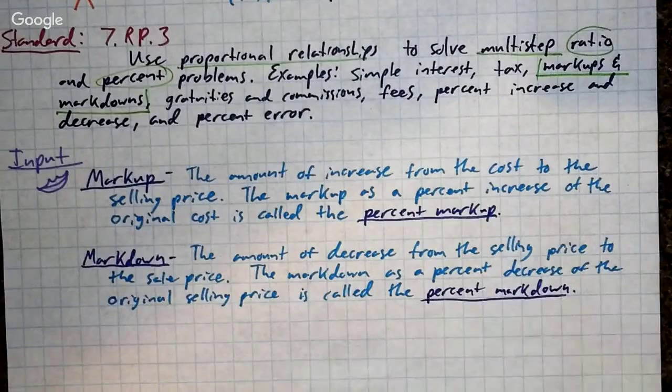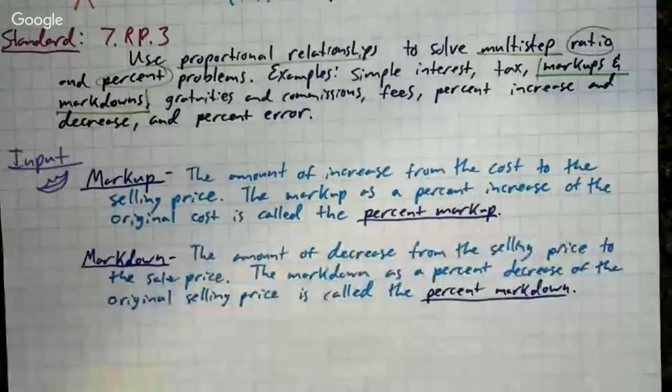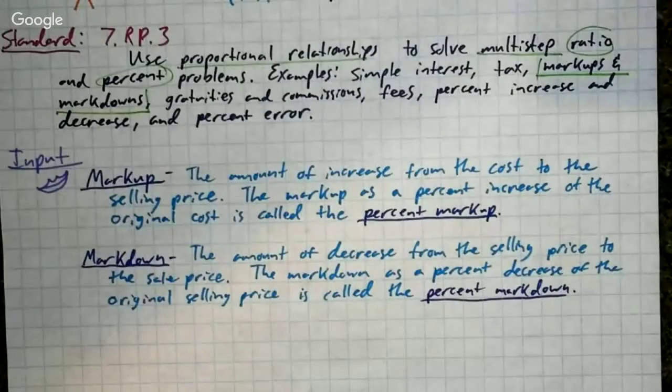So there we go. That's our language of the discipline for today. We're talking about our markup and understanding what a markup is, and our markdown and understanding what a markdown is. And we're also going to be making sure that we see what the percent markup and percent markdown are.